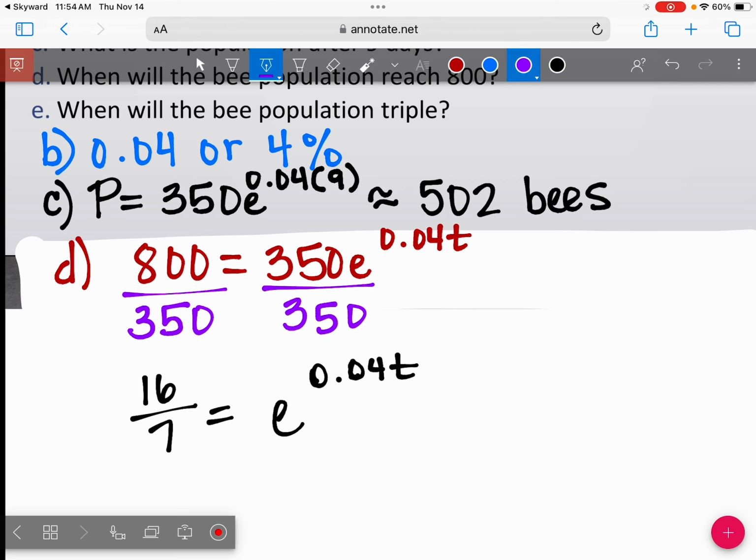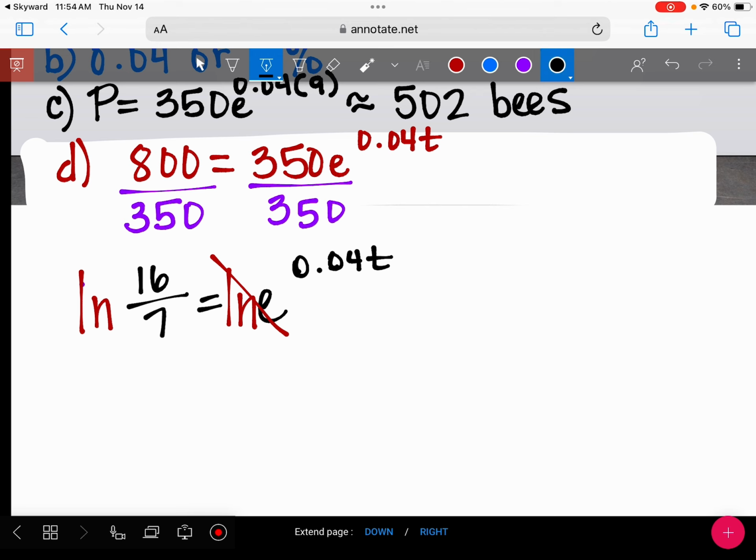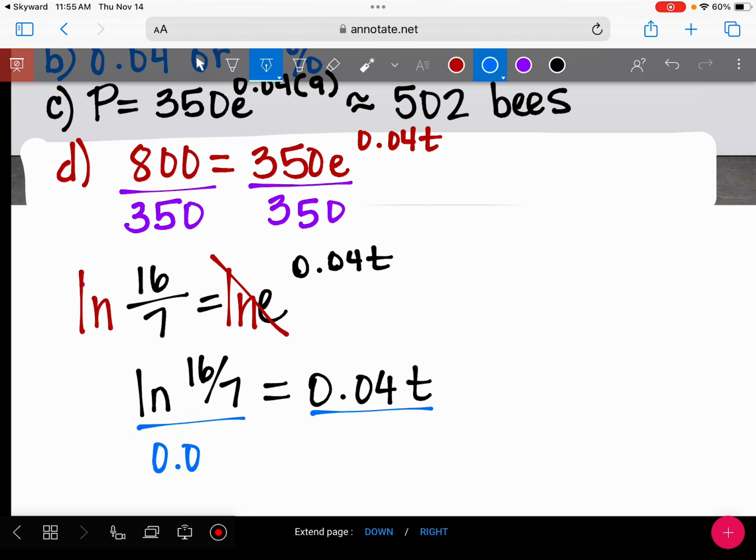Now we're ready to put in our natural log, which cancels out the e. That gives you the natural log of 16/7 equals 0.04 times the days. Your last step is to divide both sides by 0.04.